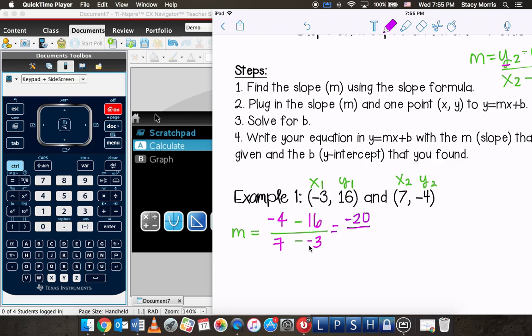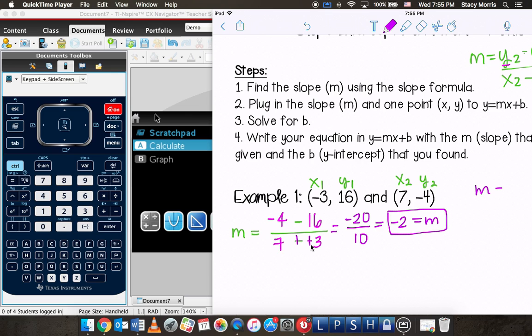Those are both negative, so the same signs, you add them and keep the sign. 7 minus -3, a minus a negative back to back, those become plus, so that's going to be 10. And -20 divided by 10 is just -2. So the slope of our line is -2.